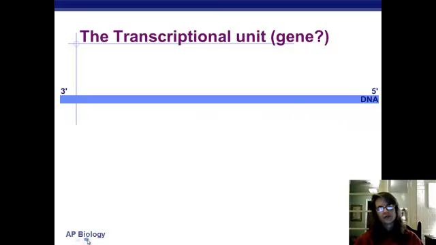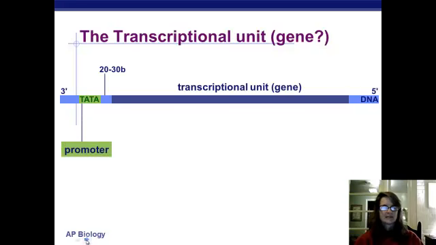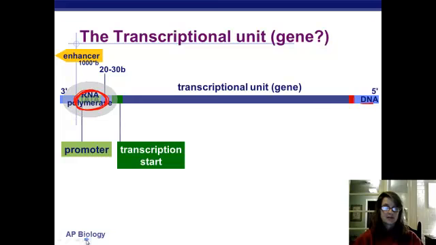So, the transcriptional unit, what gets transcribed? It's a gene that gets transcribed. Okay? And at the beginning of that gene is the place where it says this is where you start transcribing, the top box, the promoter. So remember, this is DNA we're talking about. And there may be regions in front of that that help enhance its transcription.